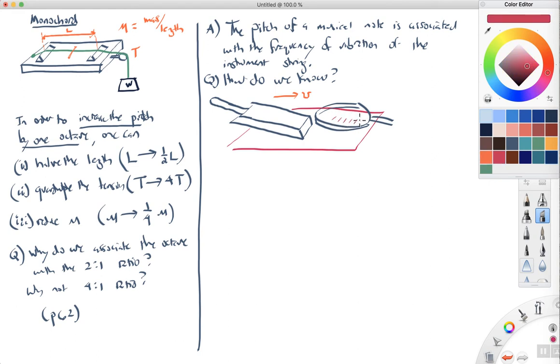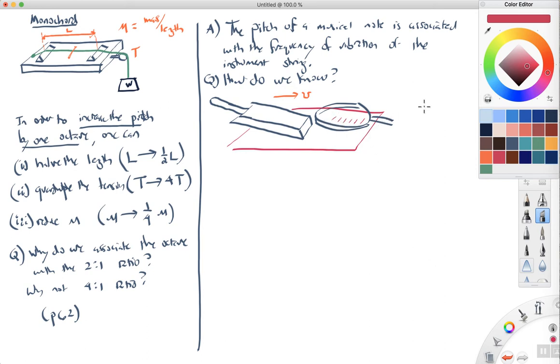After all, why is this making a noise? It's because this chisel is skipping across the metal and making little gouges in the metal. And the frequency with which it makes these gouges is related to the separation of the gouges.